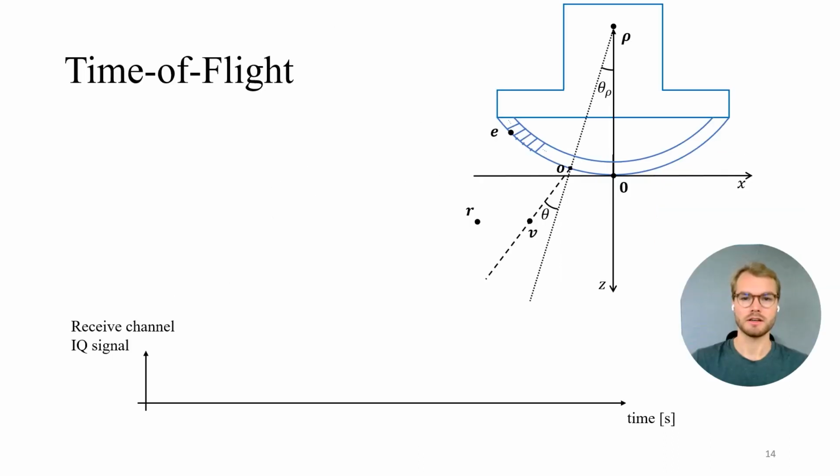We now want to illustrate the spatially weighted REFoCUS method by investigating the time of flight calculation. One focused transmit event with focus position V and transmit origin O on a curvilinear array is visualized.